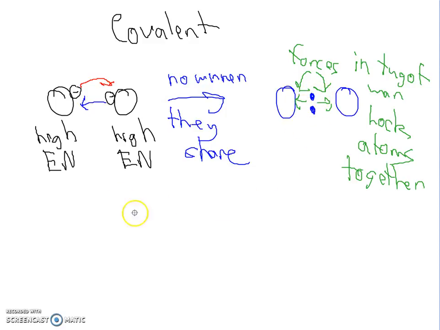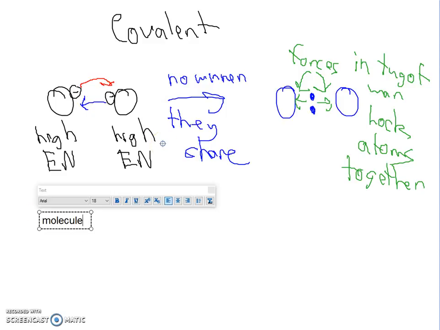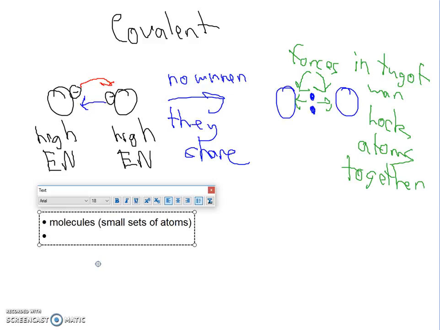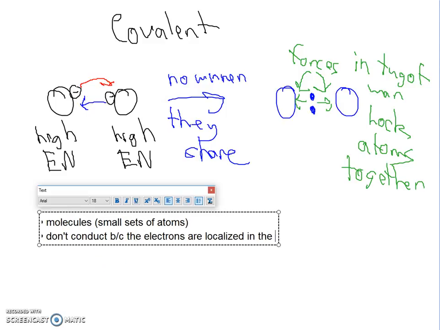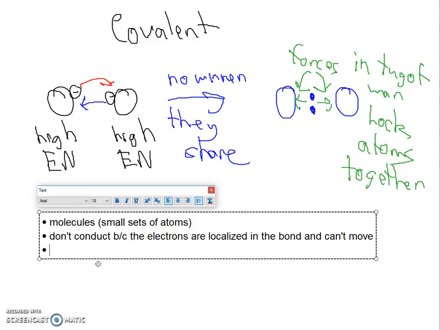Okay, so these form molecules, which are small sets of atoms, because they don't repeat like crystals do. They don't conduct because the electrons are localized in the bond and can't move.